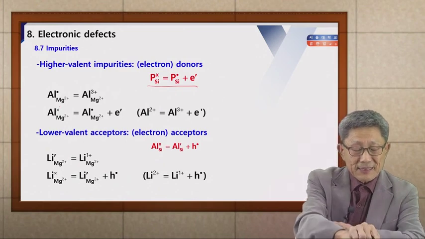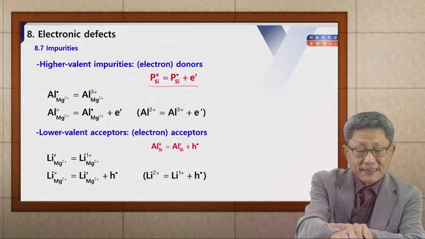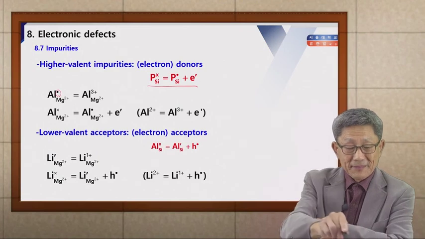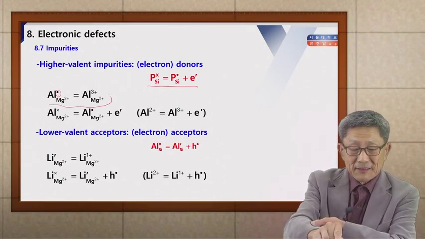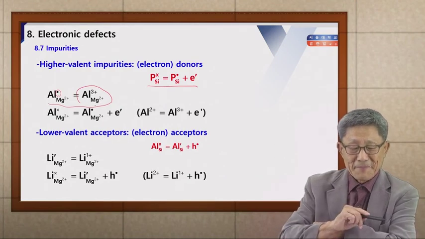Now you're replacing it with trivalent aluminum, okay, for the magnesium ion. Then its effective charge is, say, +1, right? So in terms of the actual charge, you have trivalent aluminum sitting on a divalent magnesium site.